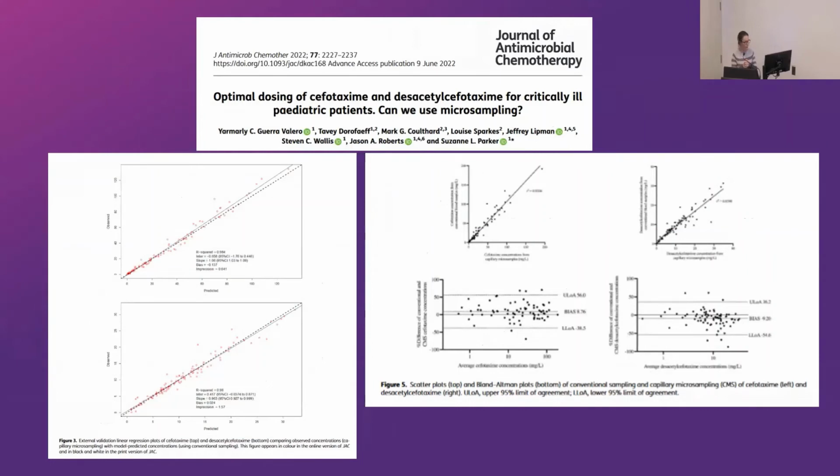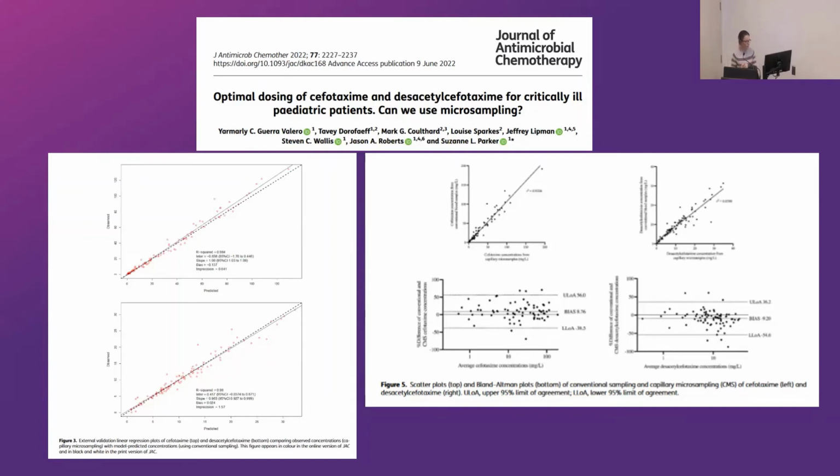And what you can see on the bottom left-hand side of the screen, the top is the cefotaxime, the bottom is the desacetyl cefotaxime, with the observed being the capillary microsampling data, and the predicted is the model predicted concentrations from the conventional sampling.